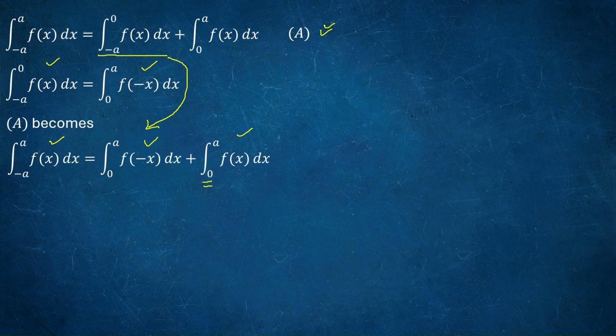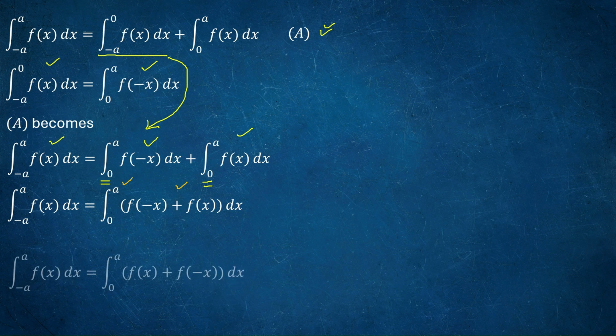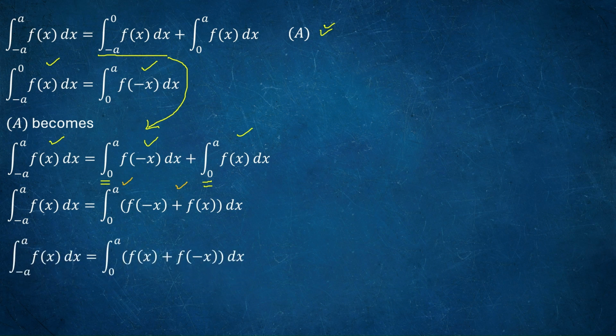As the limits of integration on integrals on right hand side are same, so we combine these two integrals and write 0 to a f of minus x plus f of x dx. We rearrange this expression and write minus a to a f of x dx is equal to 0 to a f of x plus f of minus x dx. That's what we were supposed to prove.